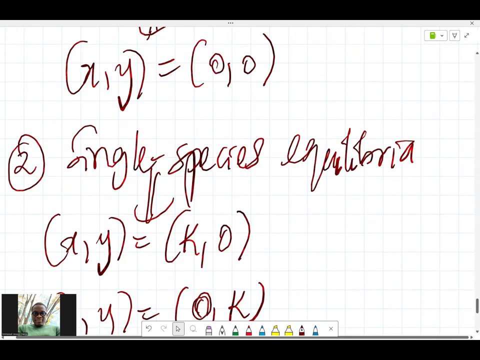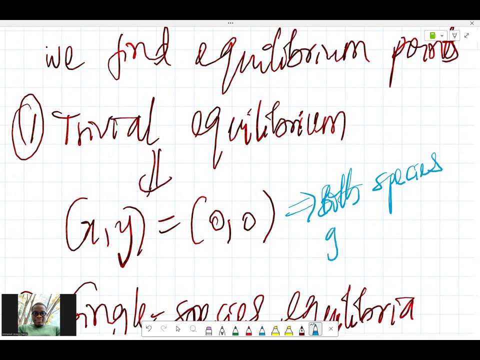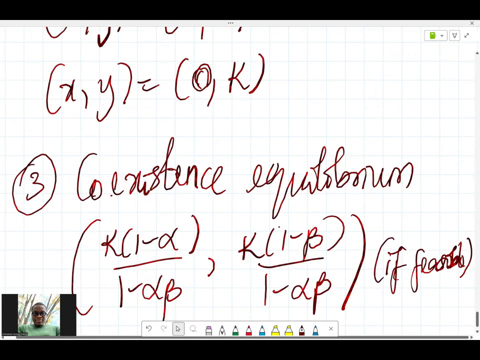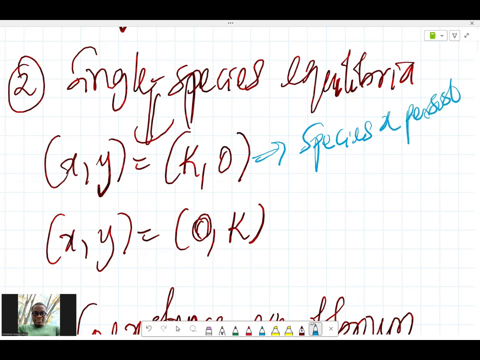That's what this means. So this means that both species go extinct. Then here, species X persists, and here species Y goes extinct.